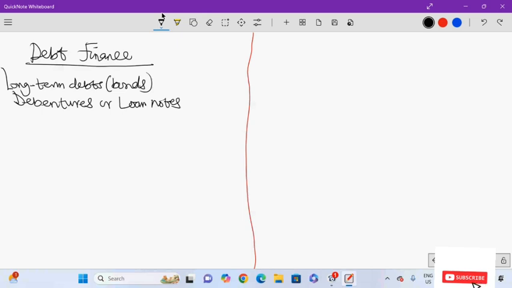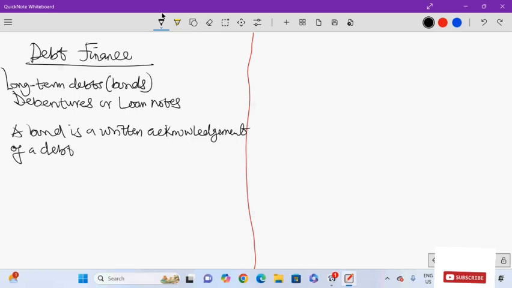A bond is basically a written acknowledgement of a debt by a company.